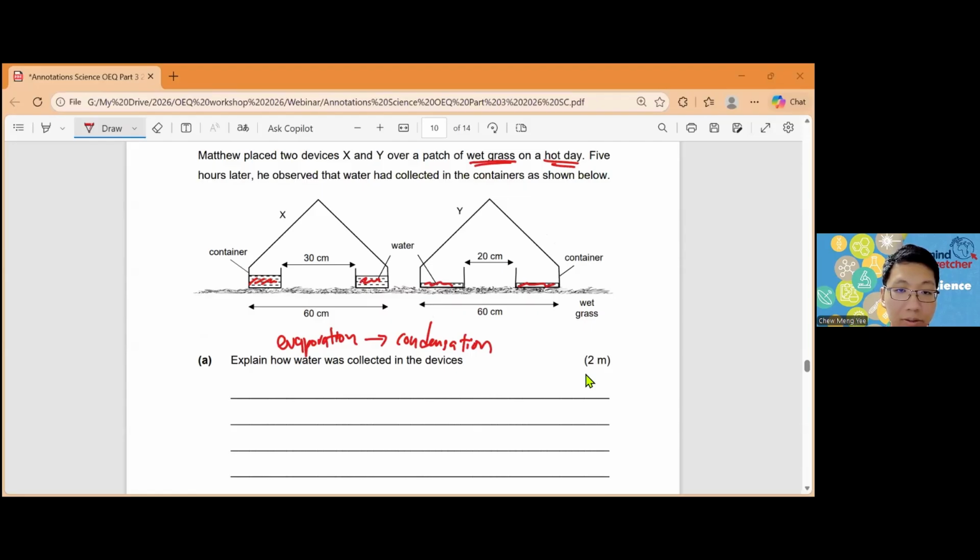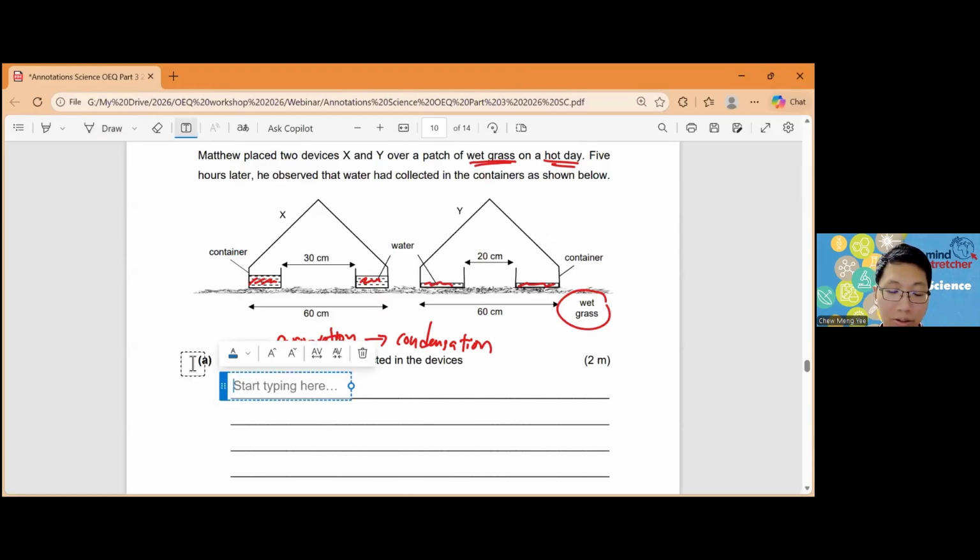We have the wet grass. Wet grass is wet, that's water. So water from the wet grass must have gained heat from the hot surrounding air. It's a hot day, right? It gained heat from the hot surroundings and evaporated to form water vapor. That is the first part of your answer.